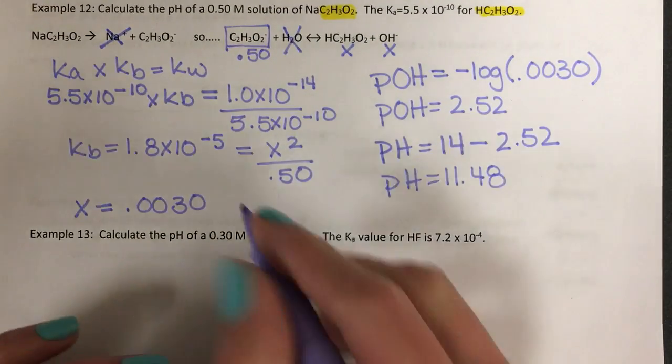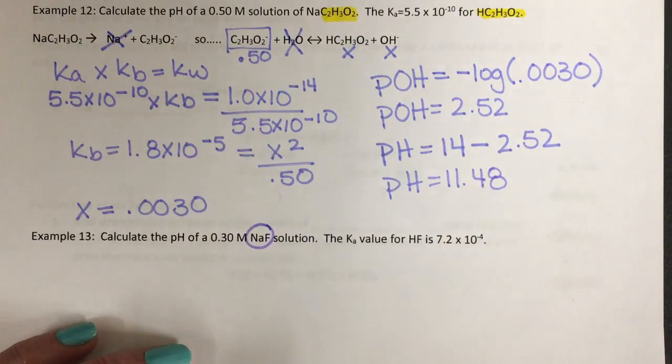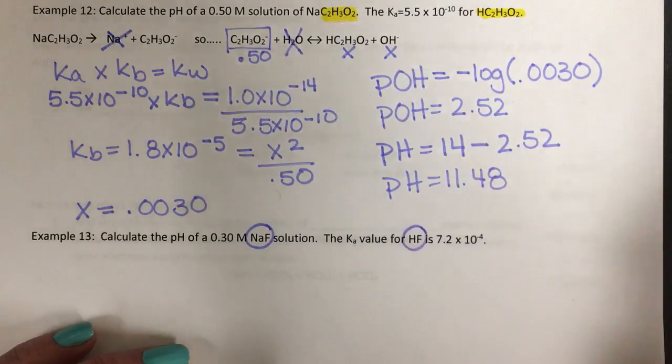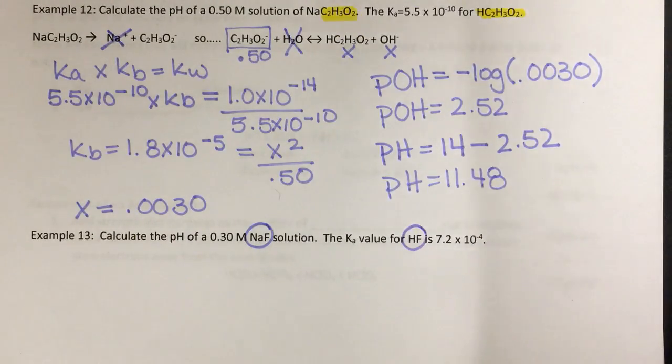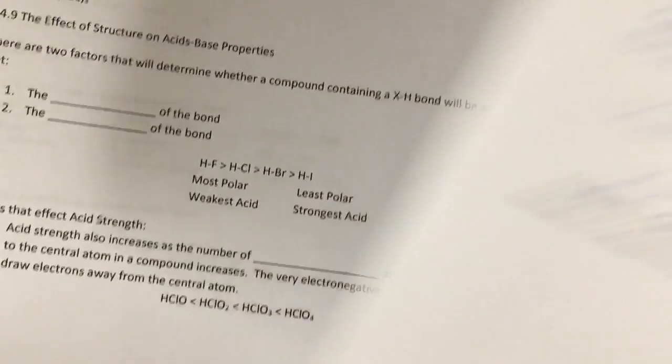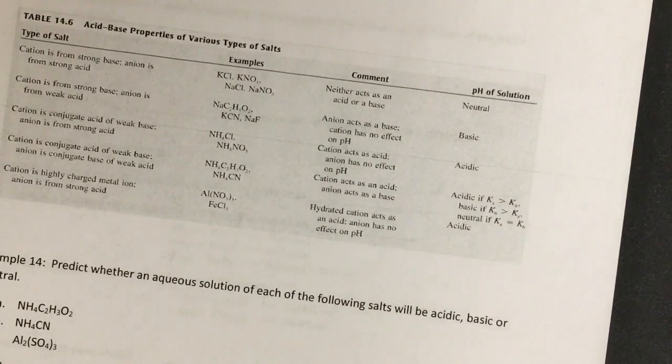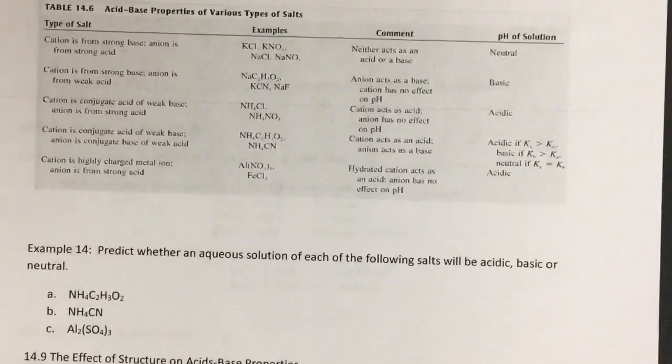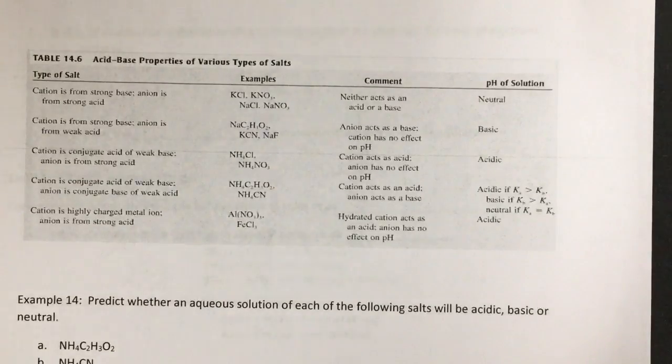Number 13, you have sodium fluoride dissolving in water, and they give you the Ka for hydrofluoric acid. Okay? Now, we said that we can determine if a solution will be acidic or basic or neutral based on the ions it contains.